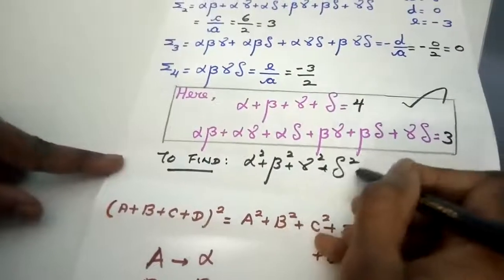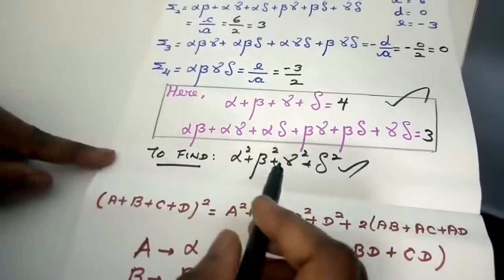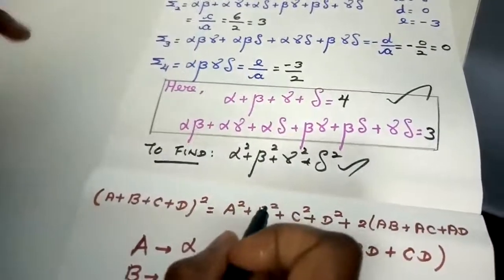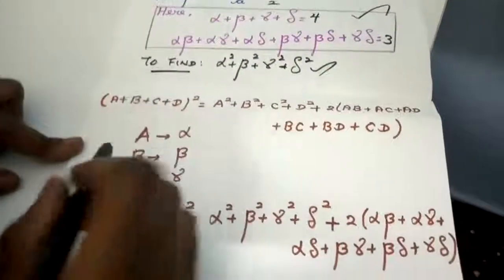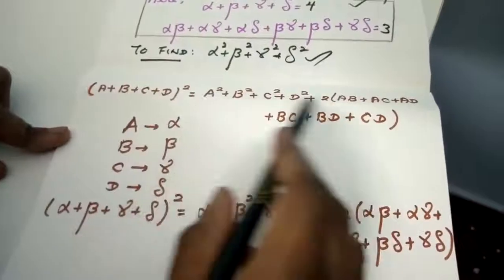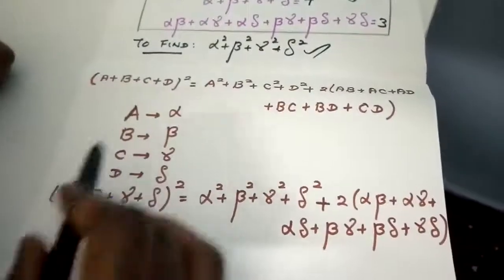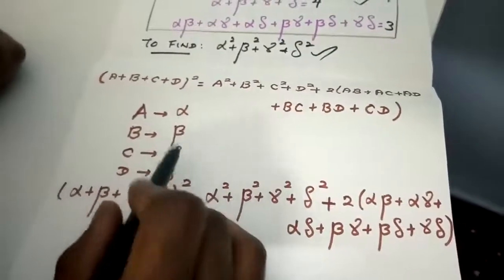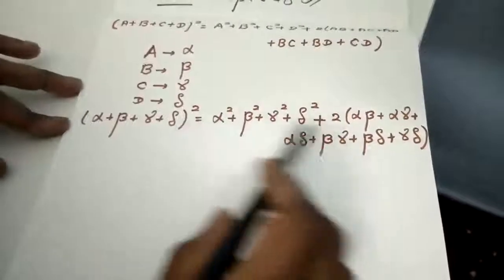Before finding this, we are going to use an algebraic identity: a plus b plus c plus d the whole square equal to this value. Instead of a, b, c, d, I am going to apply alpha, beta, gamma and delta. If you apply and see, you will get it this way.